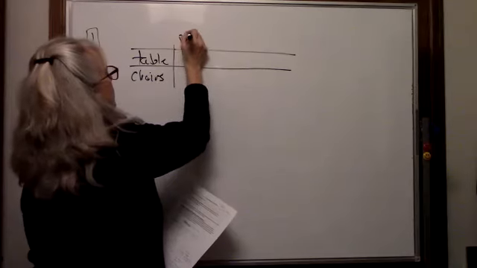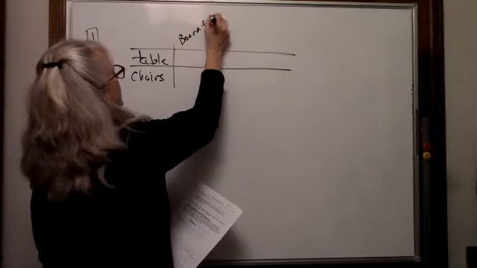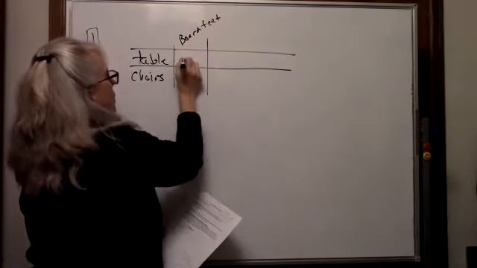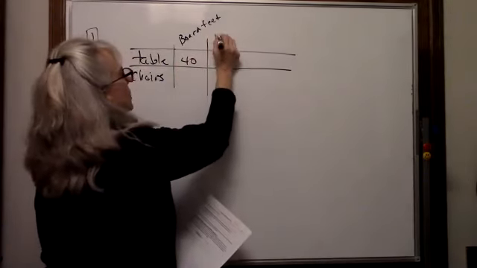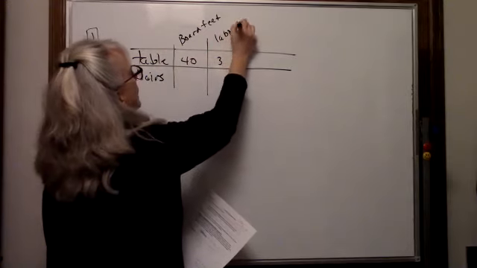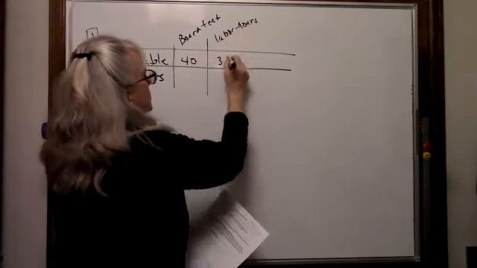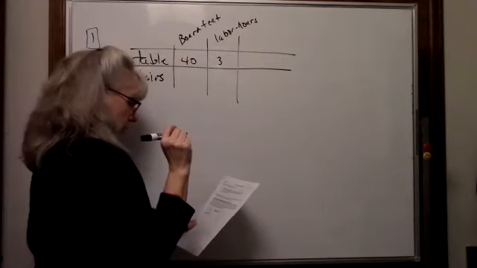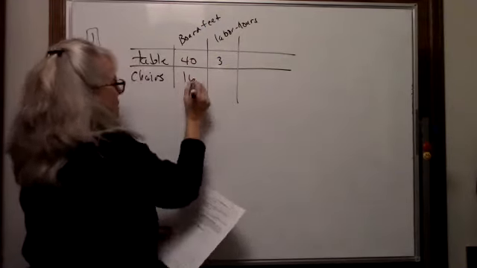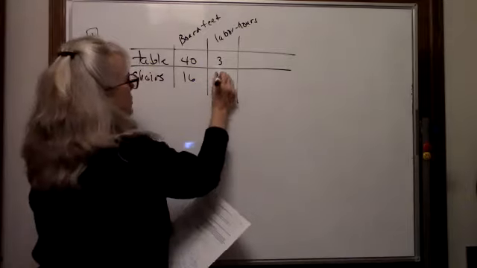So I'm going to label this column as board feet, meaning wood. And we know that it takes 40, and 3 labor hours. So I'm going to go into another column and label that as my labor hours. We know that each chair requires 16 board feet and 4 labor hours.